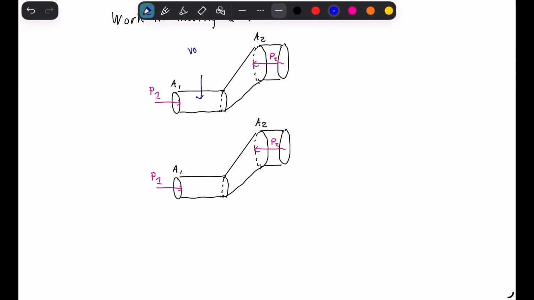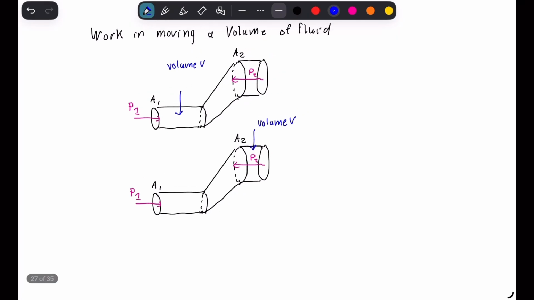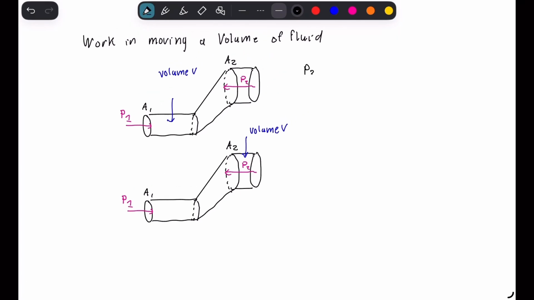We're going to label this as volume V, and this is also going to be volume V. So we're going to say that P2 is equal to F2 over A2, and also that F2 is equal to P2A2.